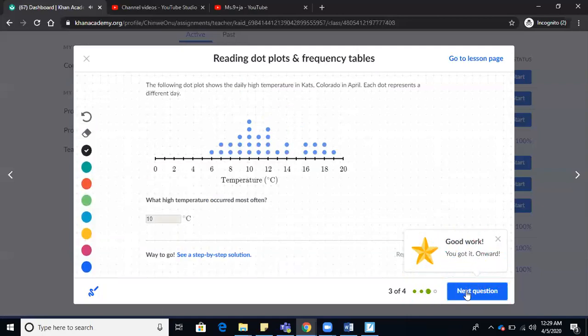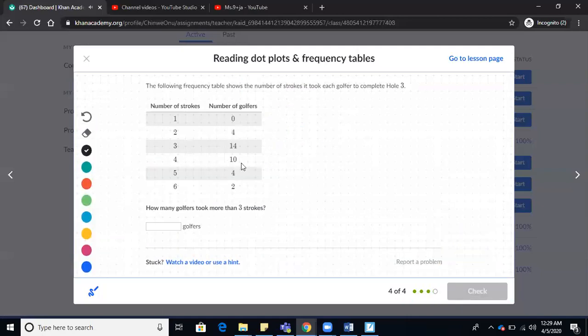And then I'll go to the last question, which is a frequency table. It has the number of strokes that golfers made and then the number of golfers that took those number of strokes. It said how many golfers took more than 3 strokes. So what I need to look at is greater than 3 strokes, which is down here. And then I need to look at how many golfers did that.